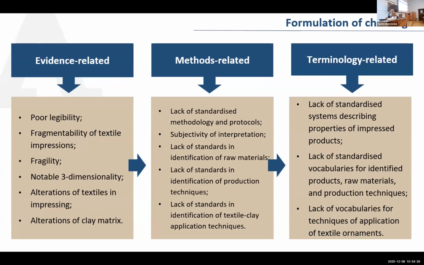Given the poor number of figures and photos, sometimes it's really difficult to understand what the imprint was, what we were talking about. So this lack of standardized systems describing properties is a problem.